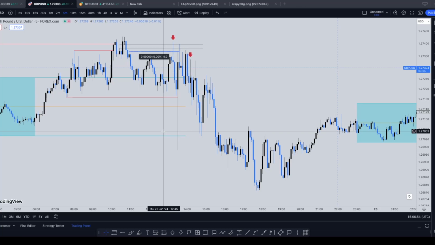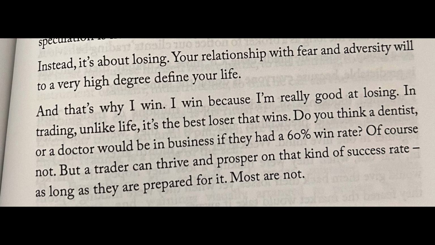Now, having a mechanical edge in the markets doesn't mean that you're going to be winning every single trade. It's more so there to allow probabilities to align, like I've already mentioned, throughout a series of 10 to 20 trades.